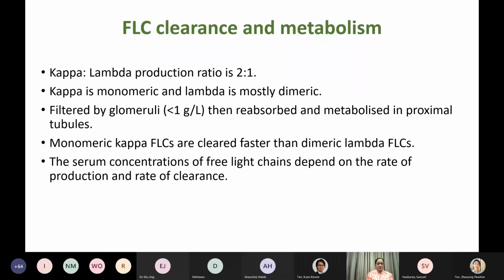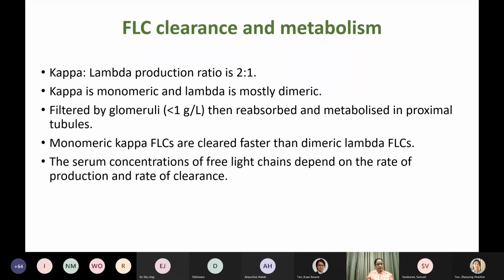The serum concentrations of free light chains depend on the rate of production and rate of clearance. In patients with chronic kidney disease, kappa and lambda free light chain concentrations increase due to reduced renal clearance.